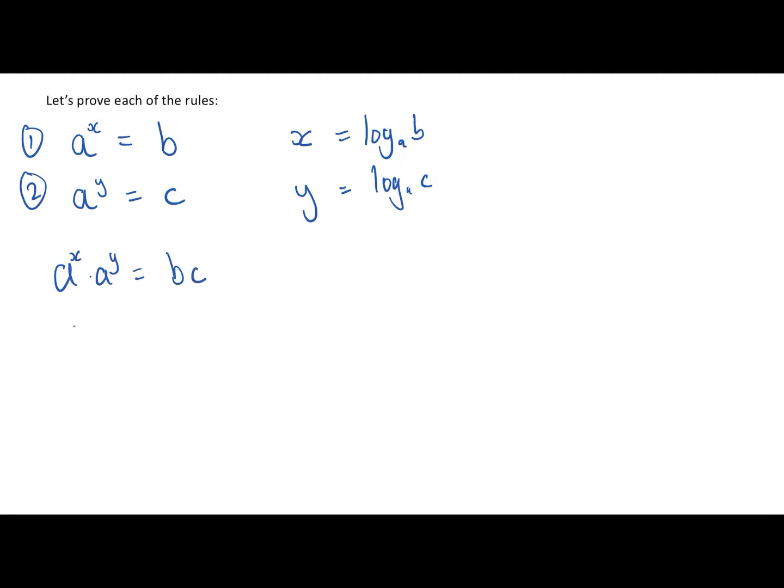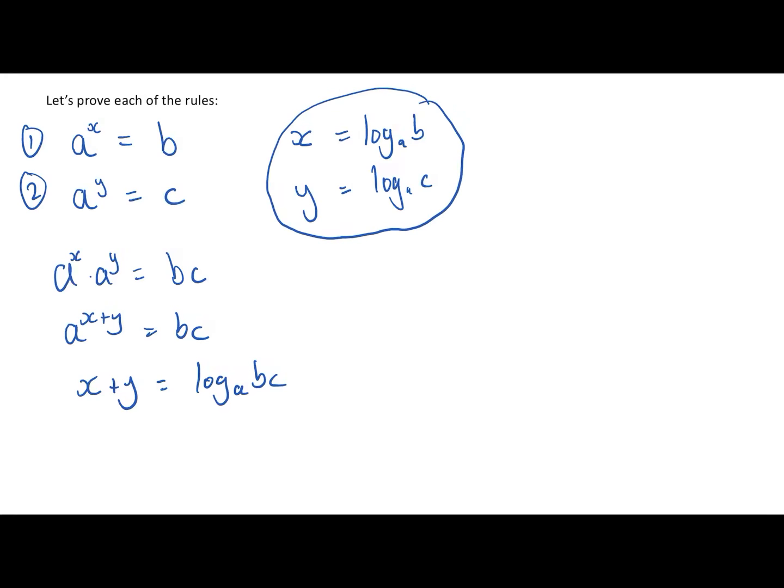So I get a to the x times a to the y is equal to bc. Now use the rules of indices. The left-hand side simplifies to a to the x plus y equals bc. Now again, use the first rule of logs, which says that x plus y must be equal to log base a of bc.